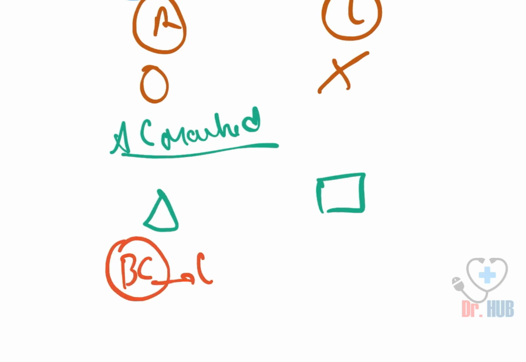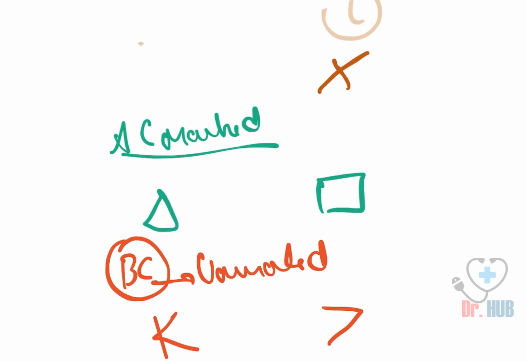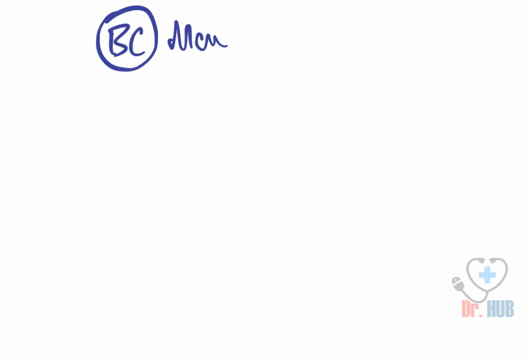Then looking at the bone conduction unmasked. In case of bone conduction unmasked, in case of the right, it is a left bracket, and in case of the left, it is a right bracket. Now moving on to the BC masked.